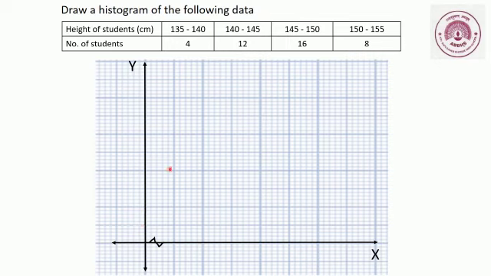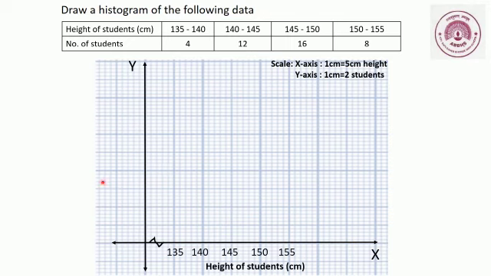When you write x-axis and y-axis, use capital letters. On x-axis, we mark class intervals, and on y-axis, frequencies. And here the class intervals are height of students in centimeter and frequencies are number of students.